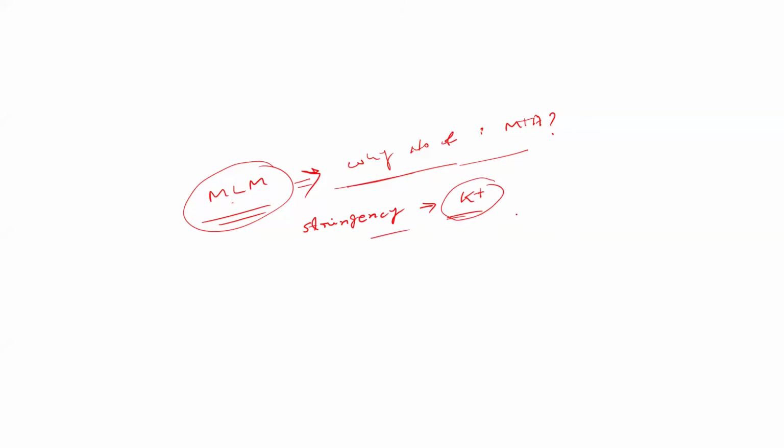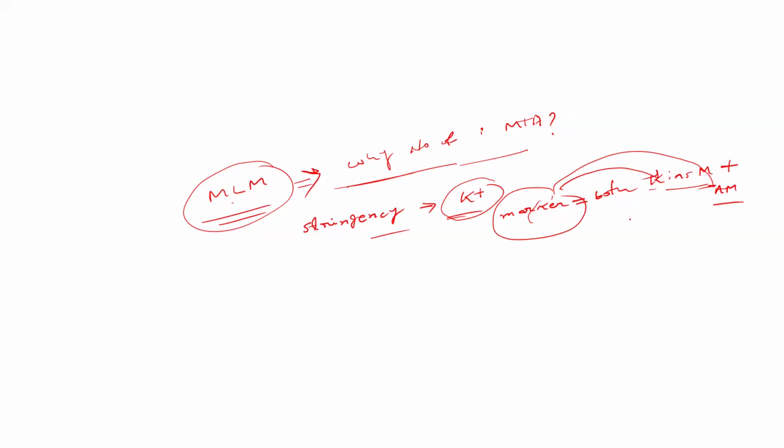In MLM, the markers used for both kinship formation and association mapping, the same marker used for the kinship and the same marker for the association mapping. For that reason, a confounding effect is there in the MLM between the kinship and the genetic effect.